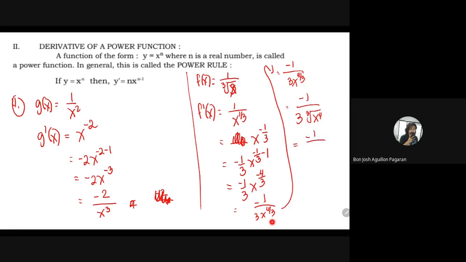So negative 1 over 3x cube root of x. Kasi yung cube root of x to the 4th ay equal kay cube root of x cubed times x. So matatanggal mo pa yung isang x na nasa loob. Okay?